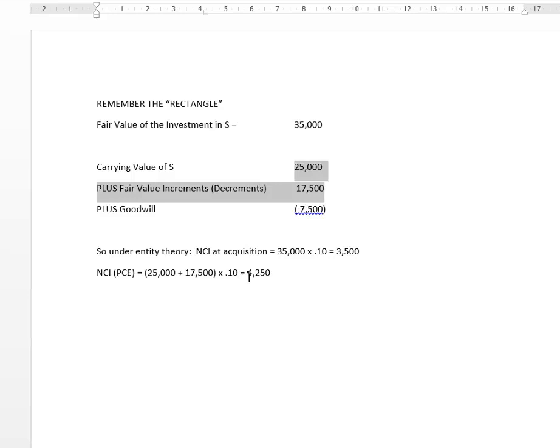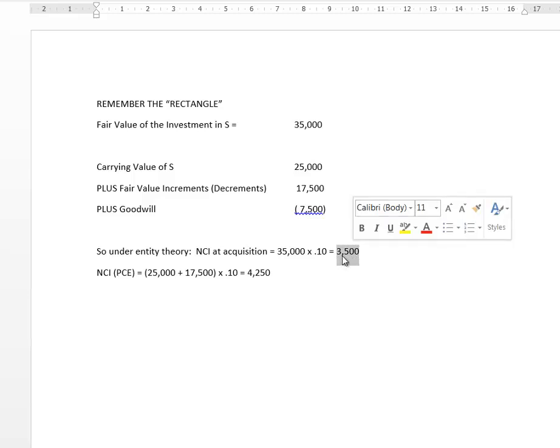And in fact, one of the things you'll notice here, and we talked about it once in class, is that under the entity theory, when there's negative goodwill, the value that's allocated to NCI is actually less under the entity theory than it is under the PCE theory. Why?